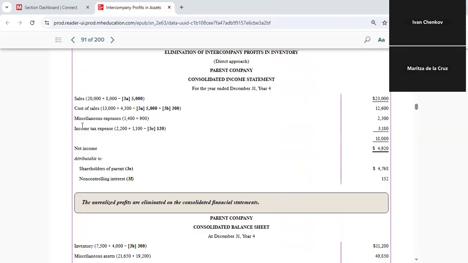Then we're going to get the miscellaneous expenses for the parent and subsidiary. On the income taxes, we're going to reduce the income taxes by the $120, which is related to the unrealized profit from the inventory that hasn't been sold yet.